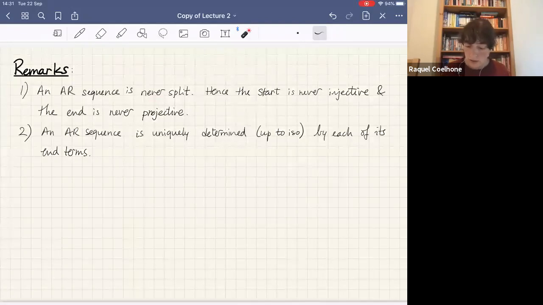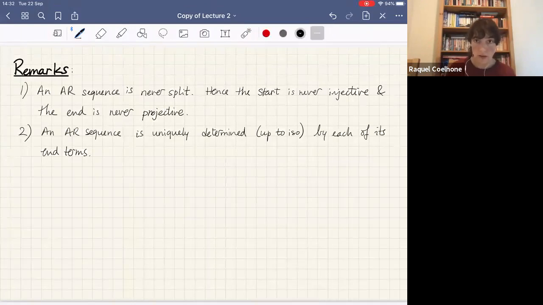This means that we cannot have an Auslander-Reiten sequence starting at an injective, and we cannot have an Auslander-Reiten sequence ending at a projective. Okay. Another nice property is that an Auslander-Reiten sequence is uniquely determined by each of its end terms.